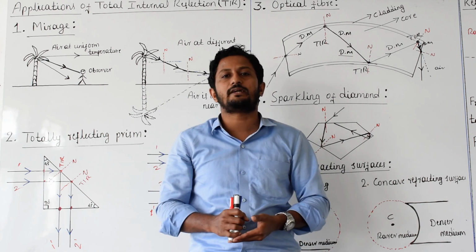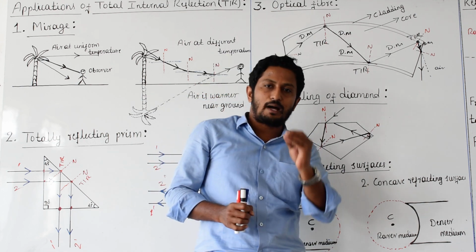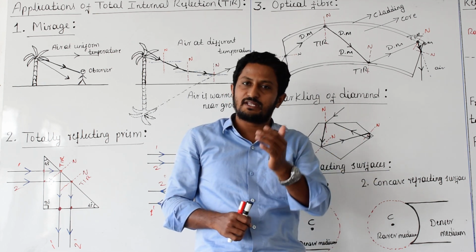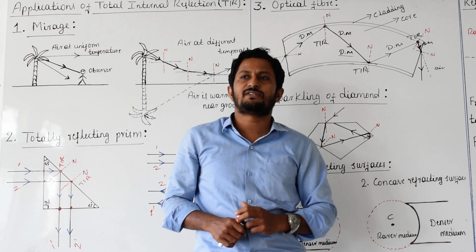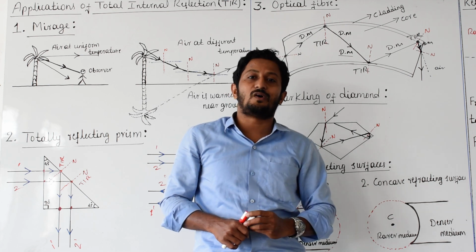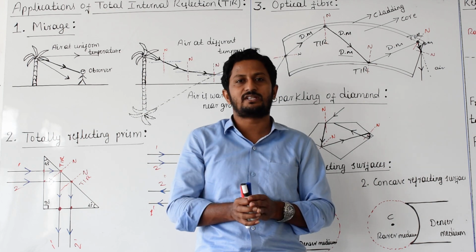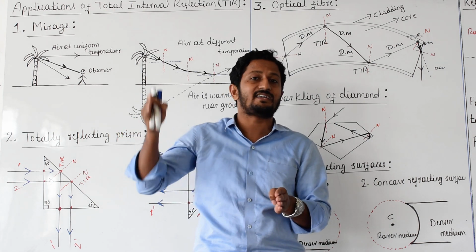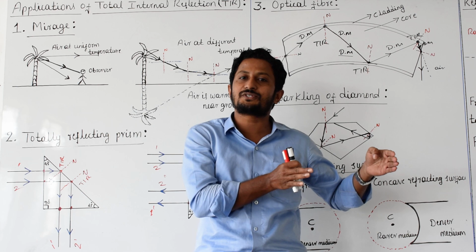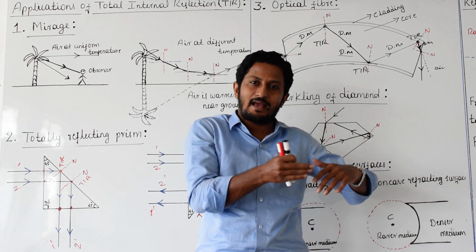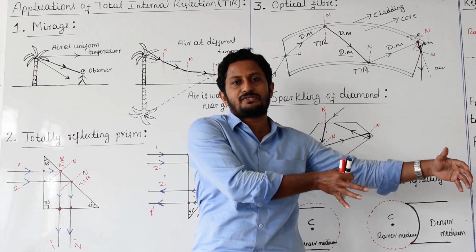These are all the uses or applications of optical fiber. In the exam, they may ask, mention a few applications of optical fiber. Don't get confused between applications of TIR and applications of optical fiber. Optical fiber has its own applications.